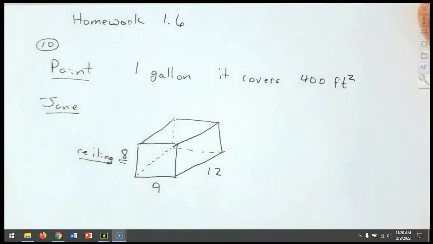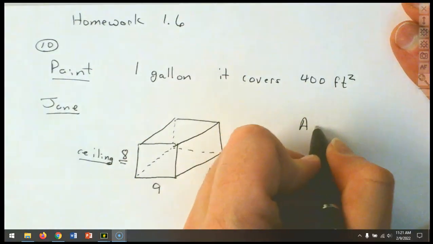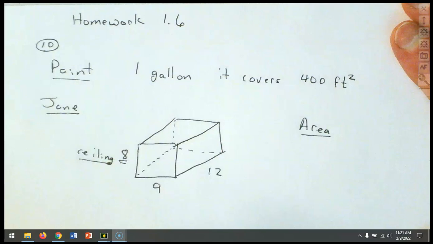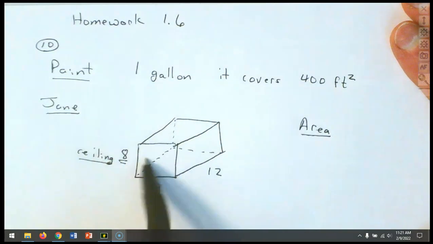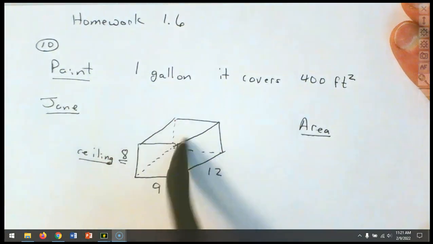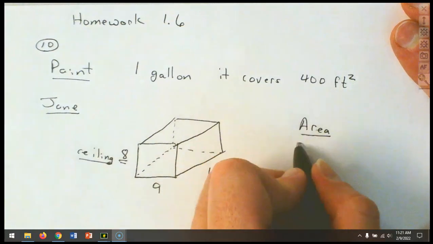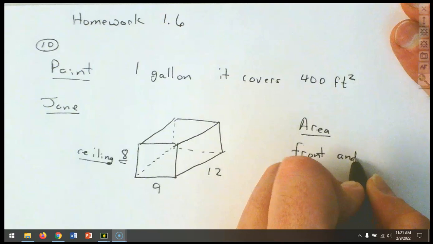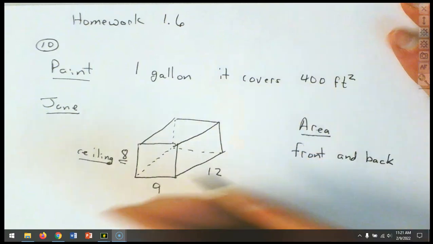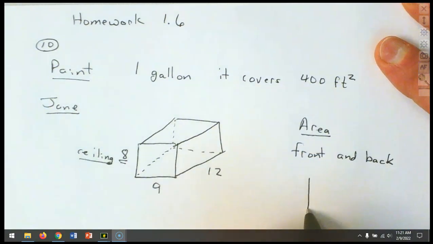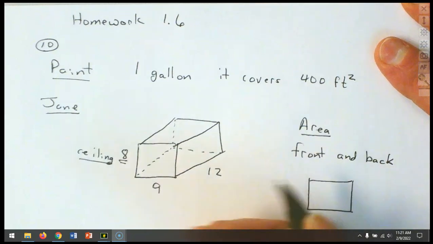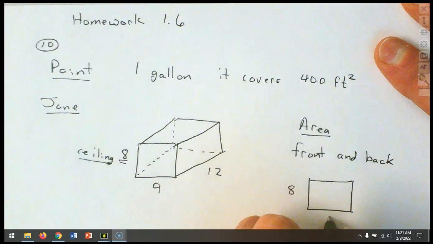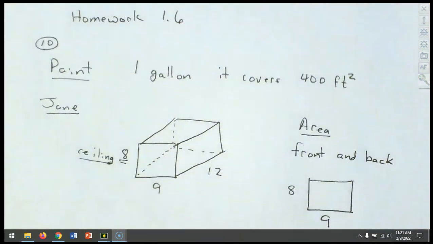Now, if I'm looking at the area, we've got a front and a back wall. If I look at the front and the back, they're the same. The front and the back are 8 by 9, like that, right?